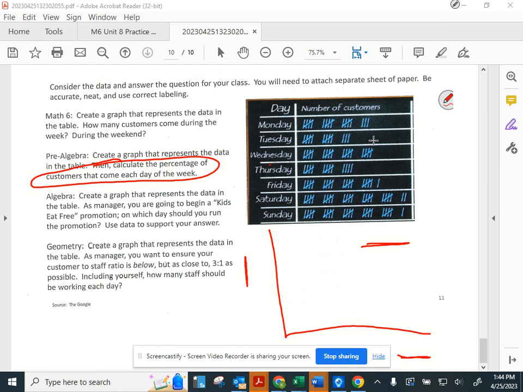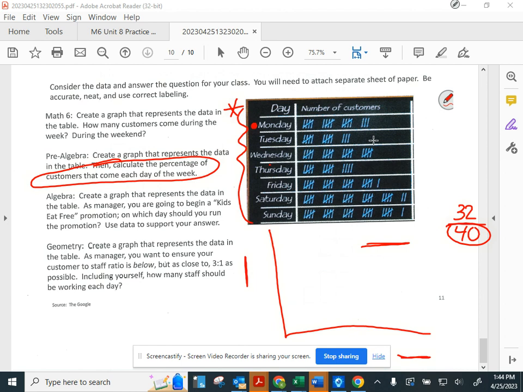So it's just like when we take a test. We would say, oh, I got, let's say 32 correct out of 40. So that 40 would be the whole amount, that total amount. So you need to look at our data and find out what is our whole amount of customers. Then look at your day of the week.